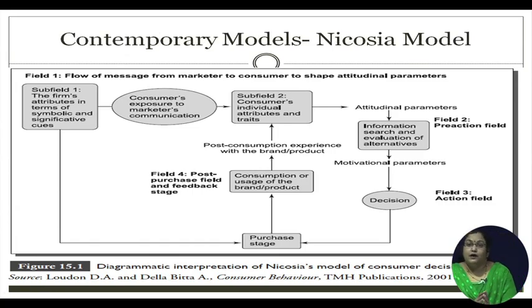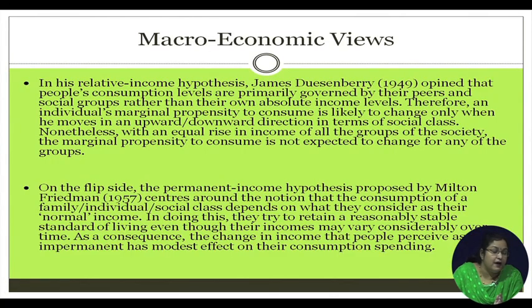Now, if we go back and see the macroeconomic theory, it also mostly focuses on the income of the individual as a determinant of purchase decision. So, again income and price are only some of the variables for choosing a product.